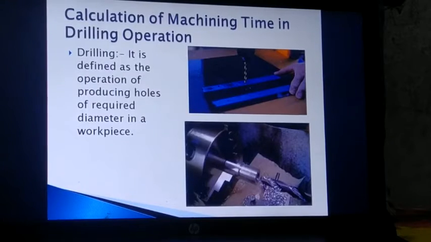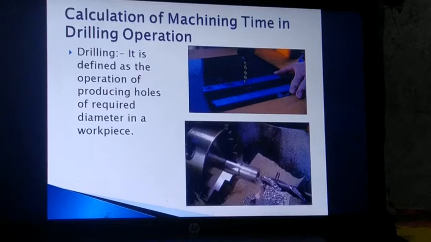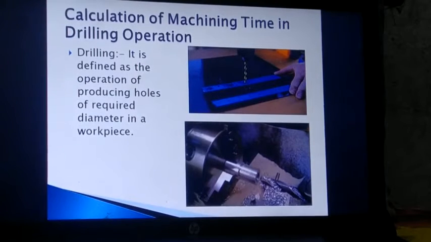Now the first question that comes to our mind is, what is drilling? Drilling can be defined as the operation of producing holes of required diameter in a workpiece. We can see two diagrams here.